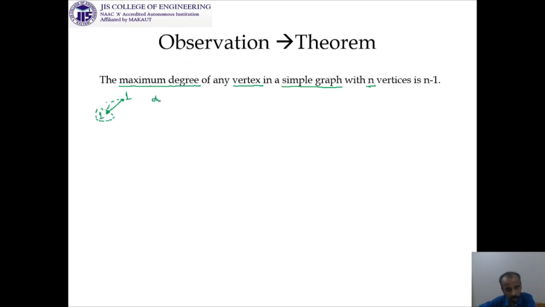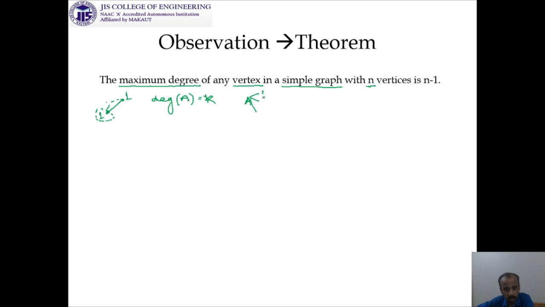Now we can think about it in some different manner also. Suppose the degree of a vertex A in a simple graph is k, because we have already taken n as the total number of vertices. This means this vertex A is having k connections with other vertices.